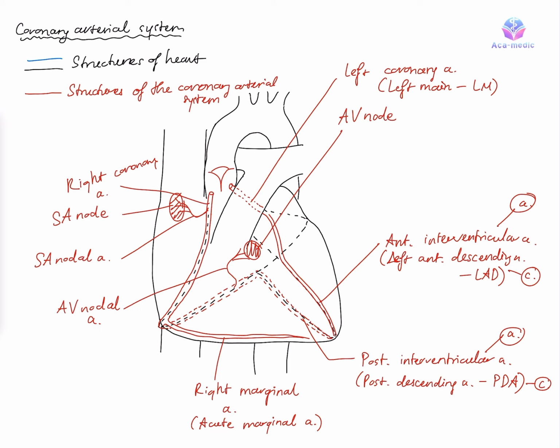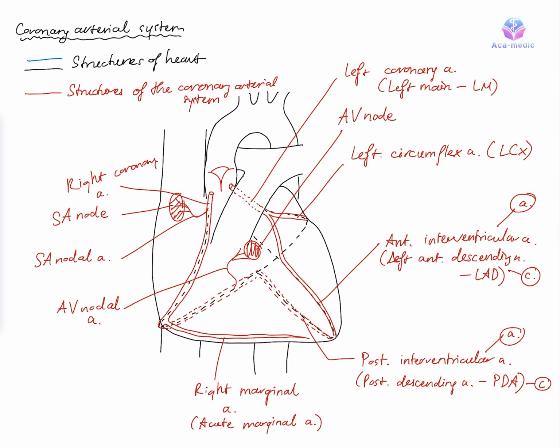Next, after it has divided into the anterior interventricular artery, the left main also gives out another branch that travels like this. We call it the left circumflex artery, or LCX in the clinical setting.